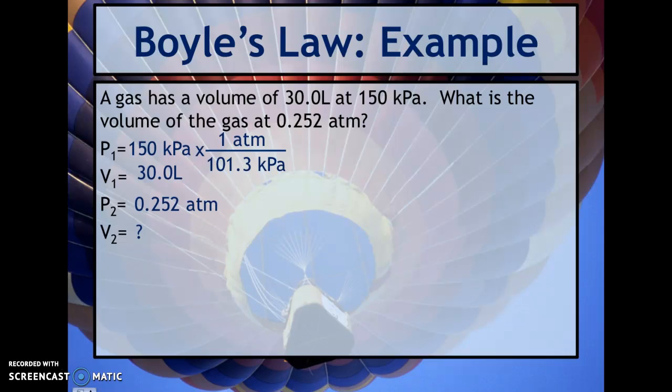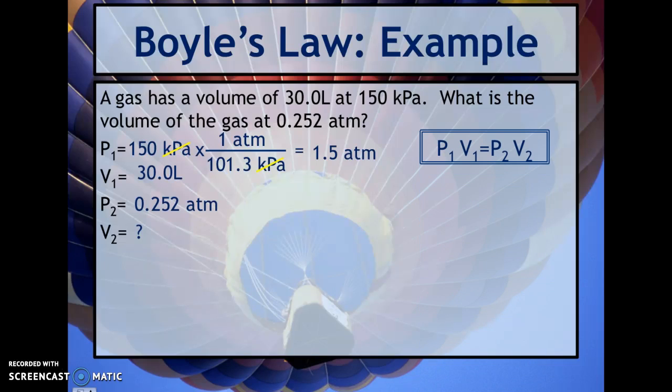So we can use this to convert. Once we convert, we find out that 150 kilopascals is actually equal to 1.5 atmospheres. Now you can see that both pressures are measured in atmospheres, and we can go ahead and do the problem.